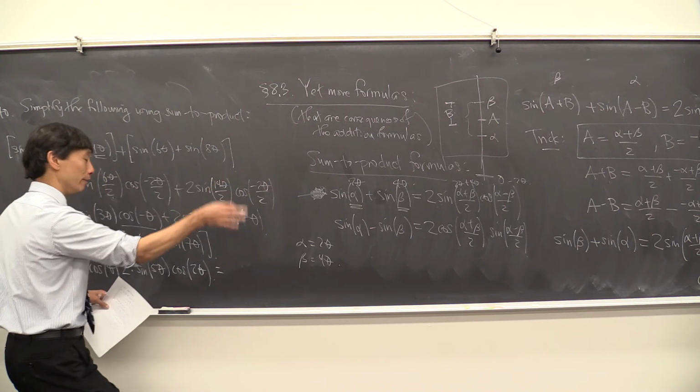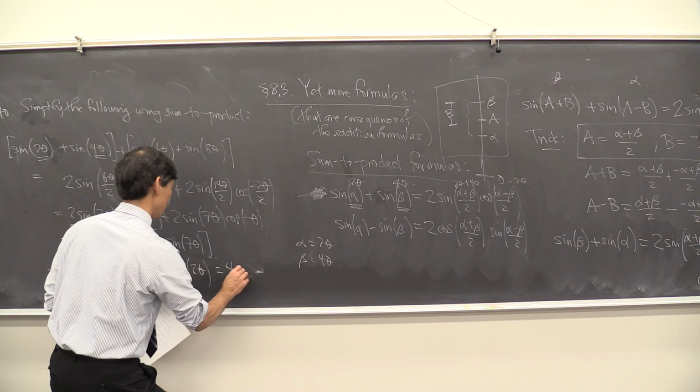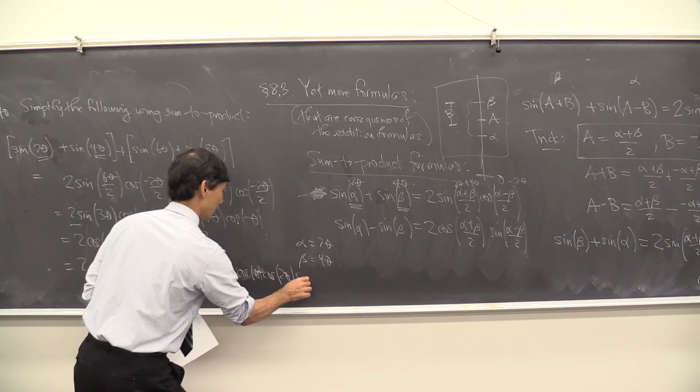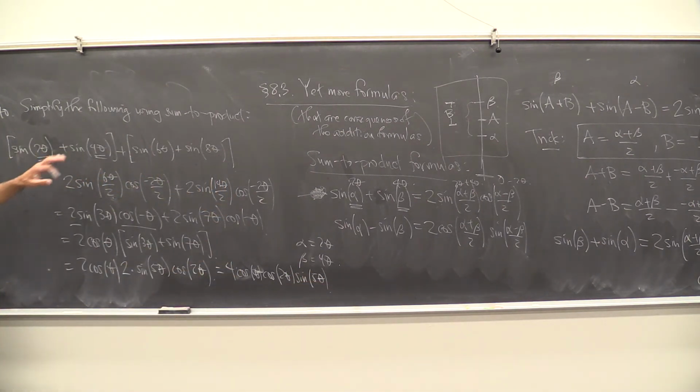So again, we just plug into the formula, and in the end we get 4 cosine theta cosine 2 theta sine 5 theta, and that's the end. That's as far as we can go using this formula. Okay, so it's just 2 applications of the sum to product formula, basically.